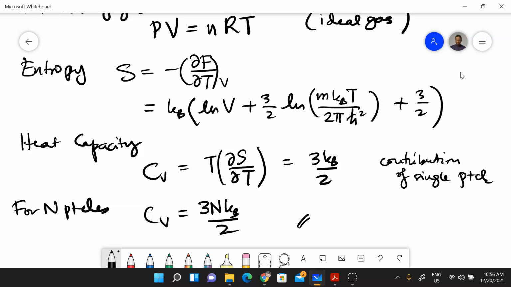As I said, later on we'll have to modify this to include indistinguishability, meaning you can't distinguish one particle from another.